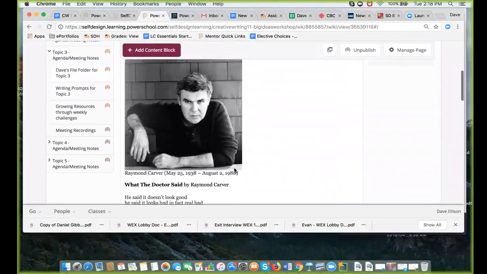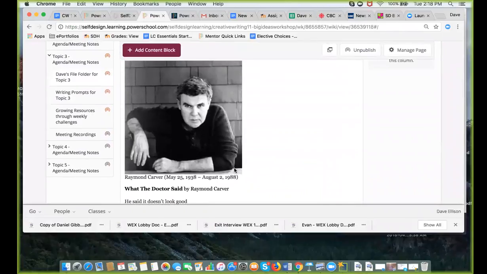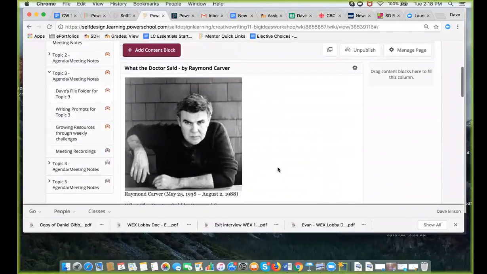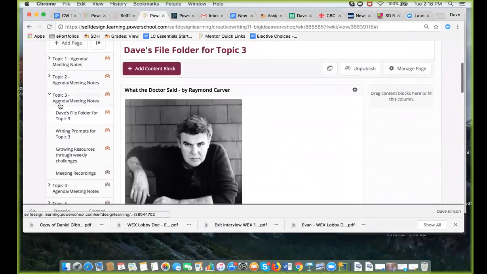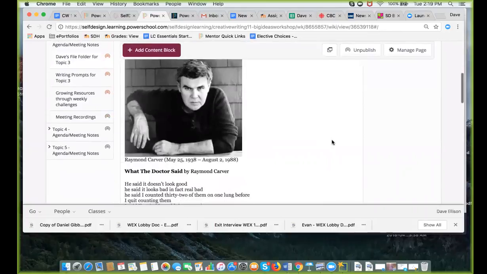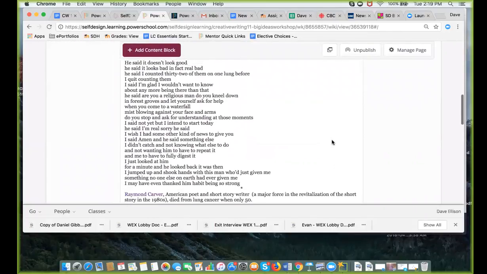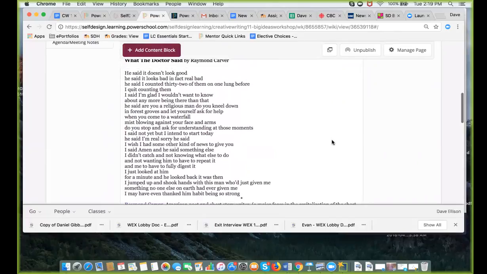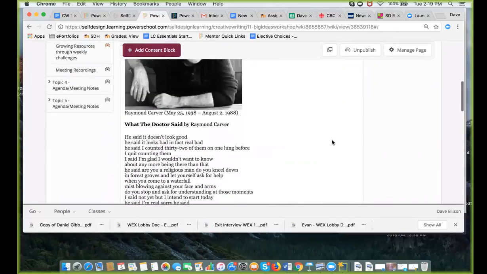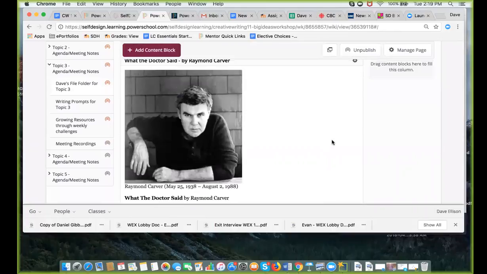This is probably not the most effective way to share it, but if you want to go in there yourself, it's in the group wiki, in topic 3, in Dave's file folder, because this way you can scroll through it independently of me. Just let me know when you all have it, where you can see it.